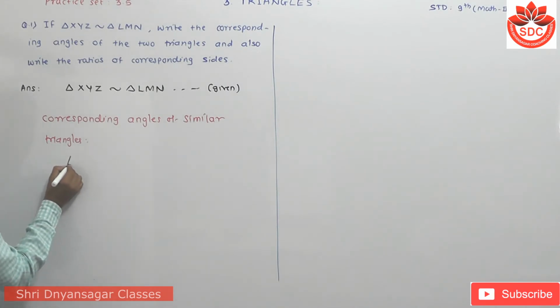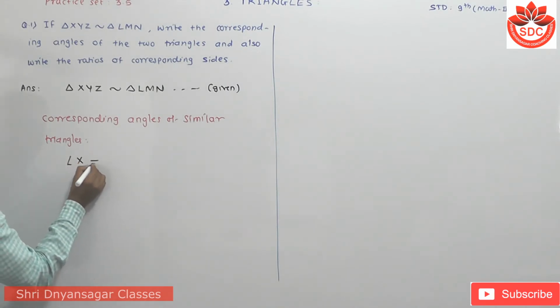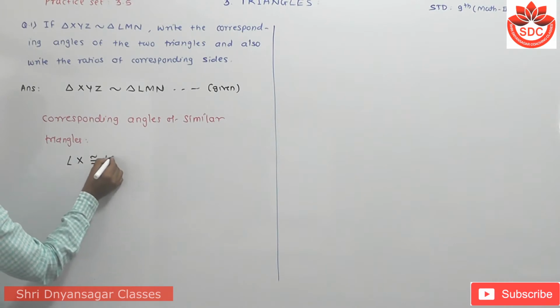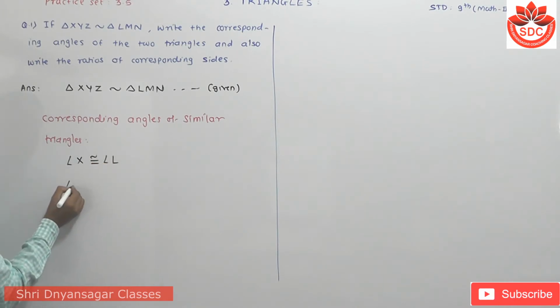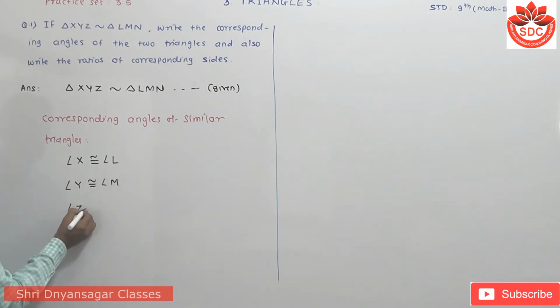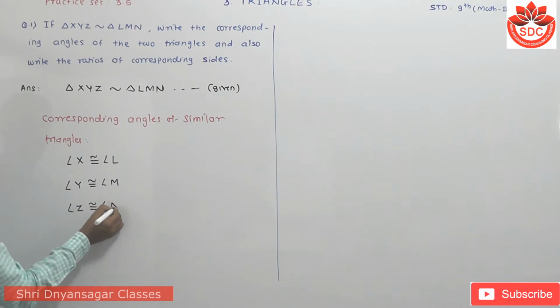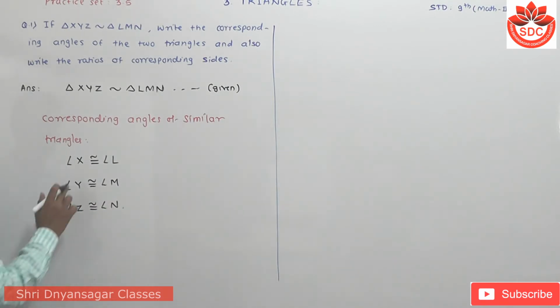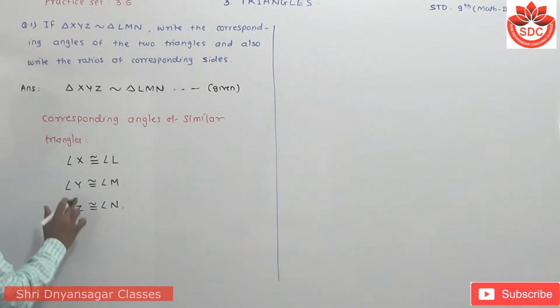We take angle X is congruent with angle L, angle Y is congruent with angle M, angle Z is congruent with angle N. You can also write them as equal: X equals L, Y equals M, and Z equals N.